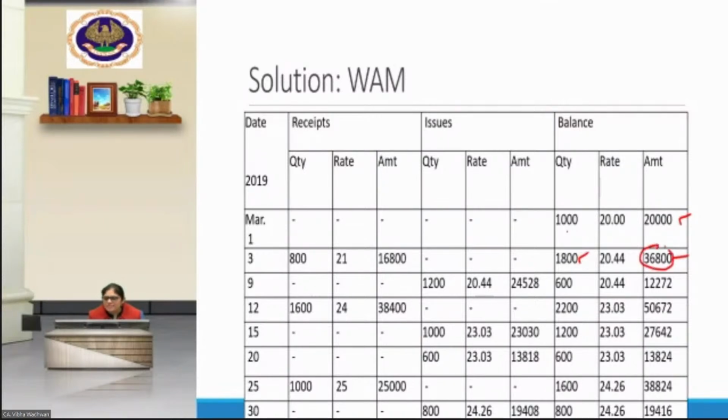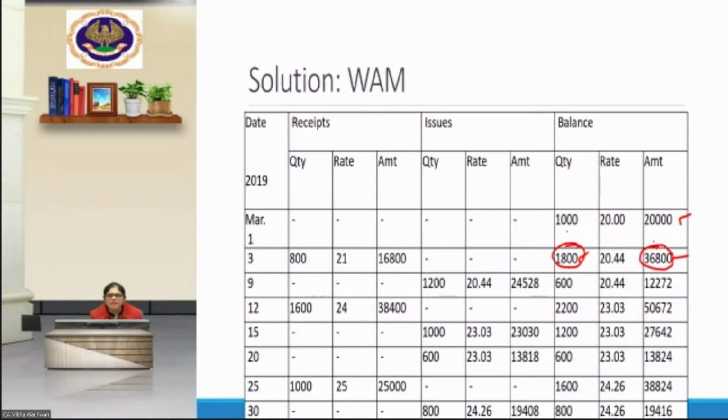So 36,800 and 1,800. Weighted average means, in simple average, we took the average of the rates, rate per unit. But in weighted average, we do the weighted average rate: total amount divided by total quantity. Always remember, in weighted average, with every new purchase, a new weighted average rate will be calculated.